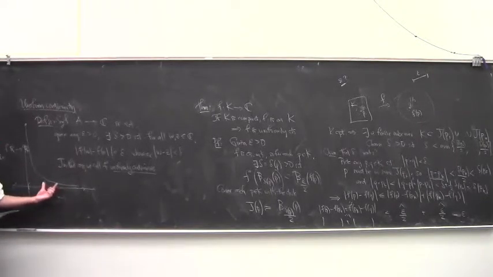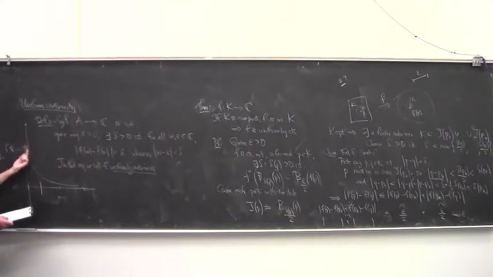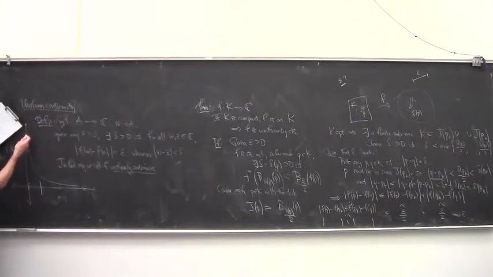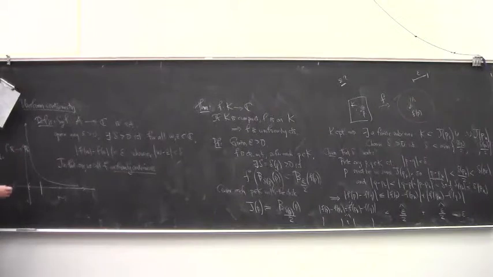You can find one that works out here as long as you chop off this guy at some point. If you start from here and go onwards, it'll work. But as you get close to here, you can find points that are very close to each other, and yet the jump between them is as big as you want. Right. So it's not uniformly continuous.